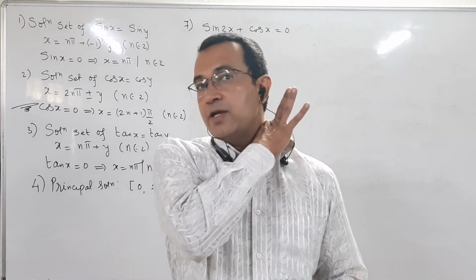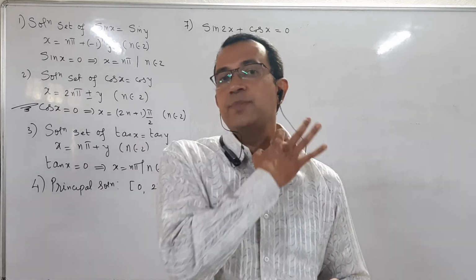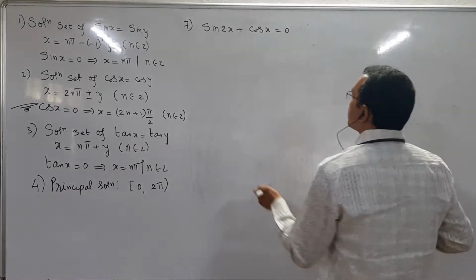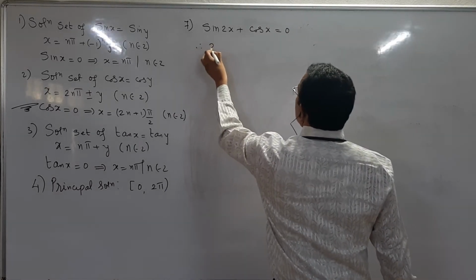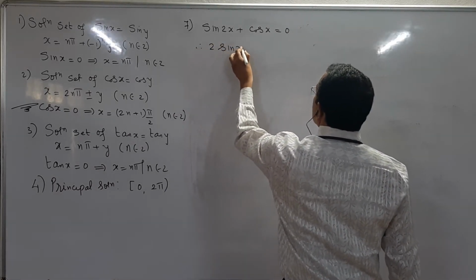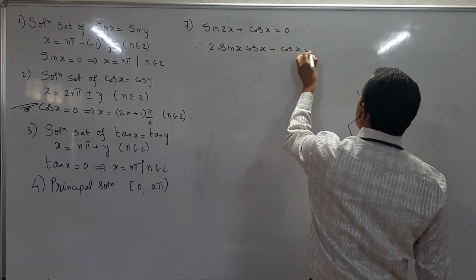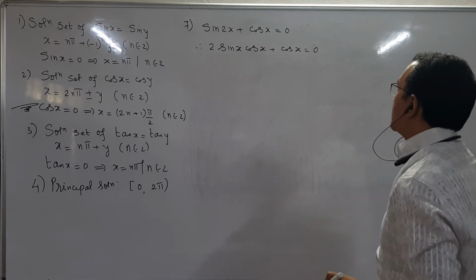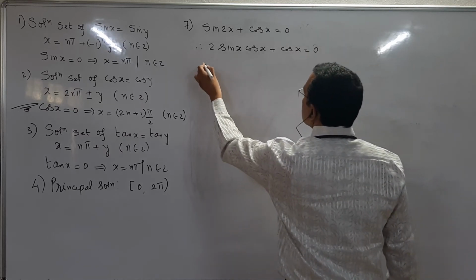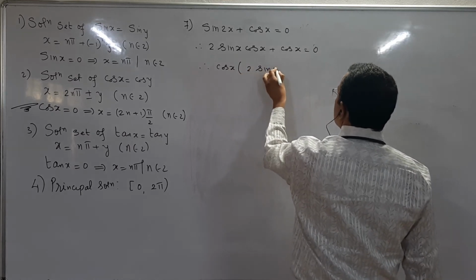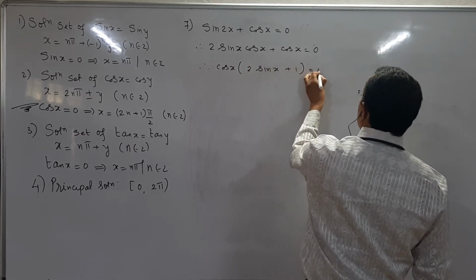Now students, sine of 2x can be written as 2 sin x cos x. All of you know this. So 2 sin x cos x plus cos x is equal to 0. Take cos x common. So cos x into (2 sin x plus 1) is equal to 0.